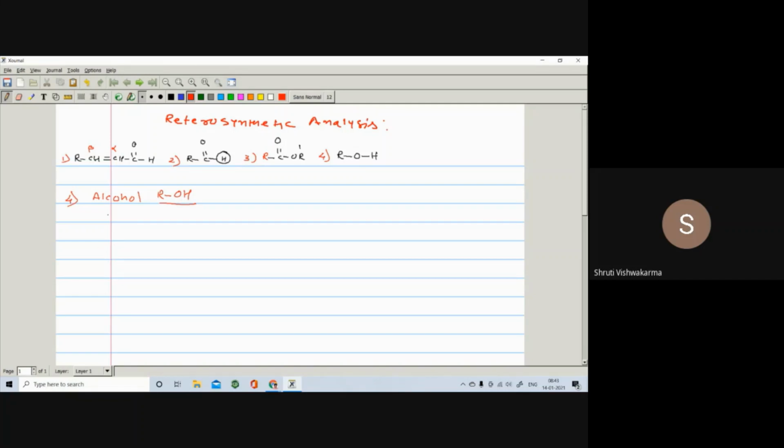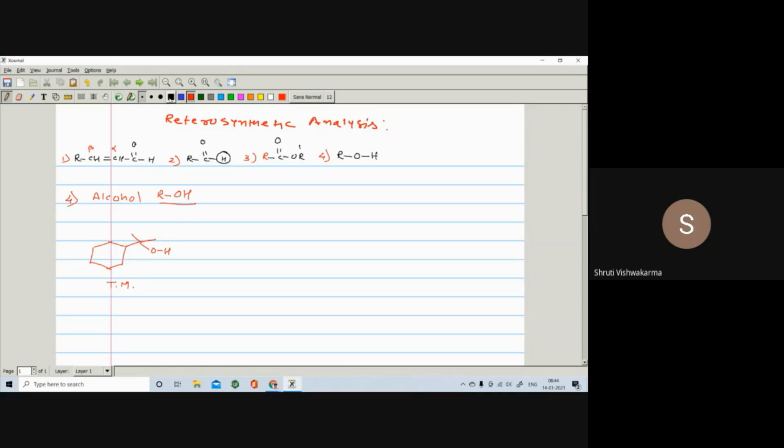And the example is such a type of example. Here is a cyclohexane ring with an OH. So you have to carry out its disconnection, that is the TM, the target molecule.